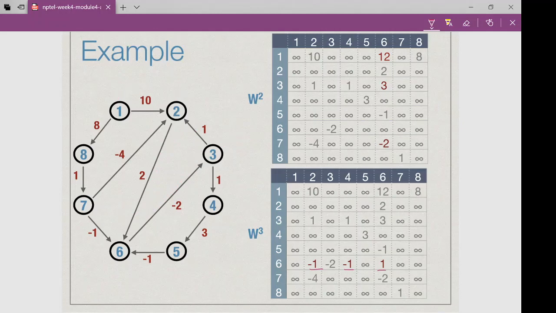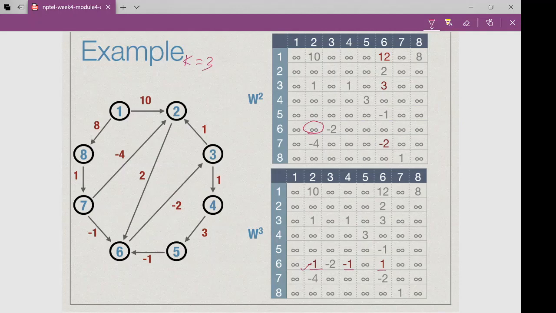Basically, whatever new node we add, we have to see all possible paths via that node, considering all the previous nodes as well. The new paths are: from 6 to 2, which previously was infinity. If we are allowed to use 3, I mean k is 3, then the path will have -1 value, so we update it.